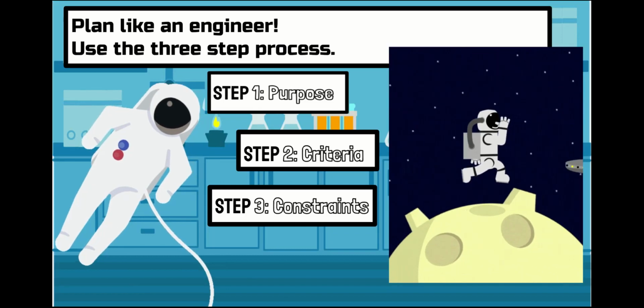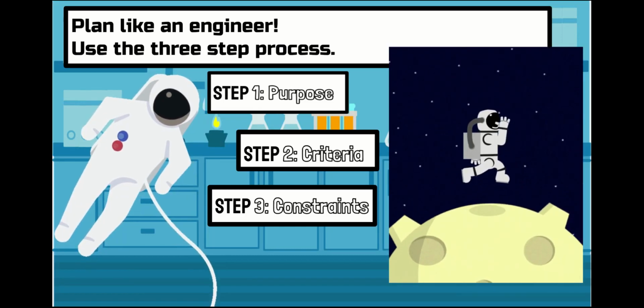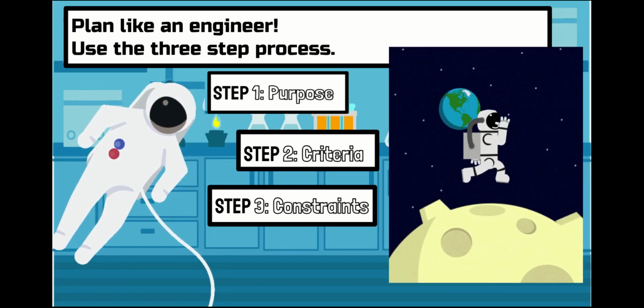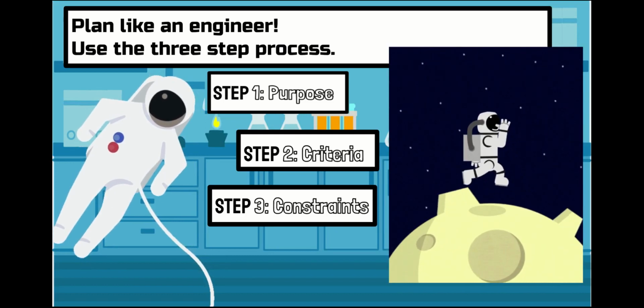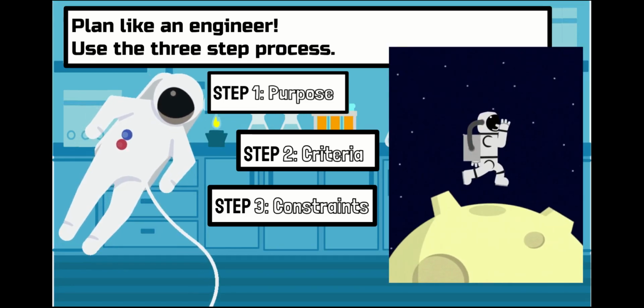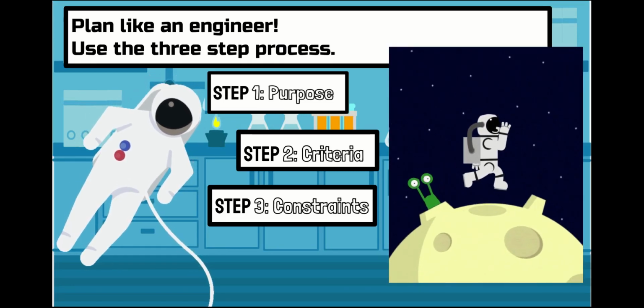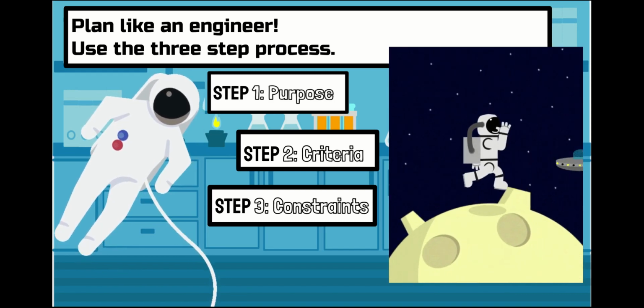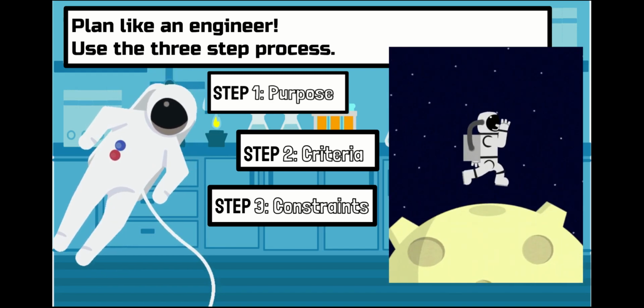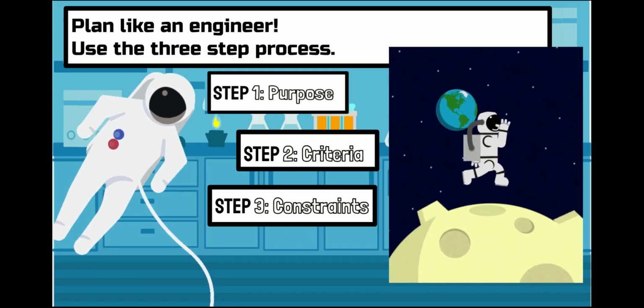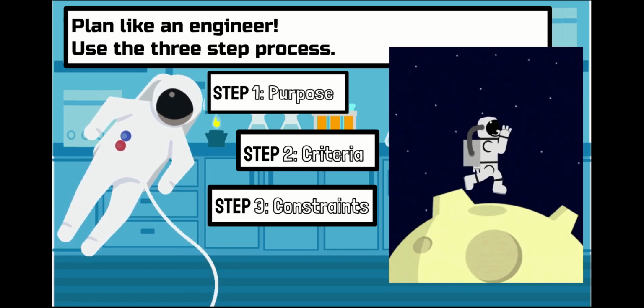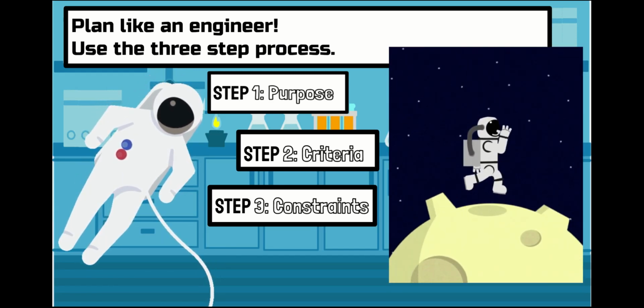Now, initially we thought, wow, how cool would it be to create a code that could signal to astronauts up in space? But then we started to ask questions that engineers always ask when they're designing anything, like who will use it to help us figure out the purpose? Or what will it cost?